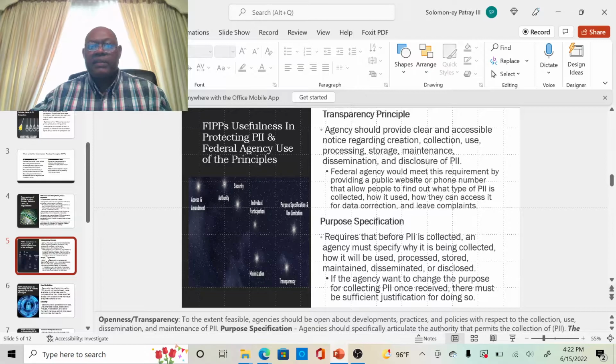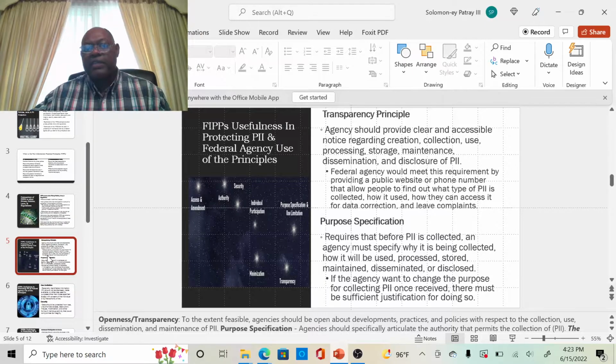FIPPs' usefulness in protecting PII and the federal agency use of these principles. The first principle is the transparency principle. The agency should provide clear and accessible notice regarding creation, collection, use, processing, storage, maintenance, dissemination, and disclosure of PII.